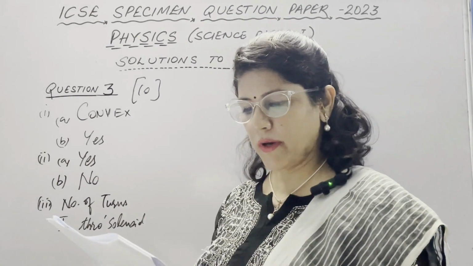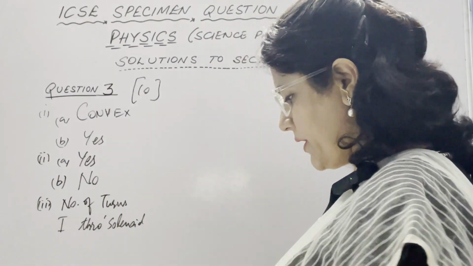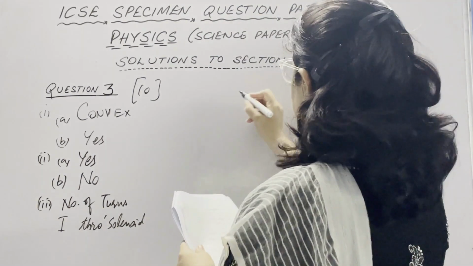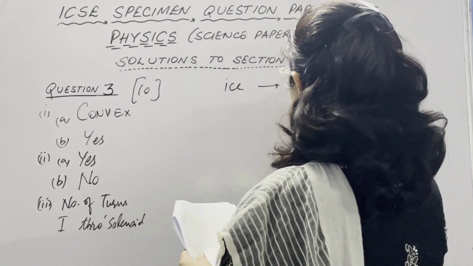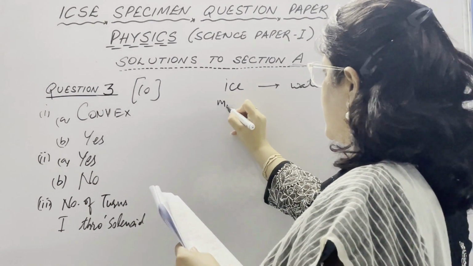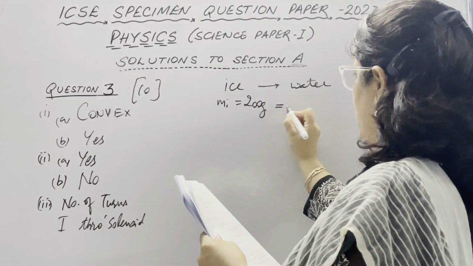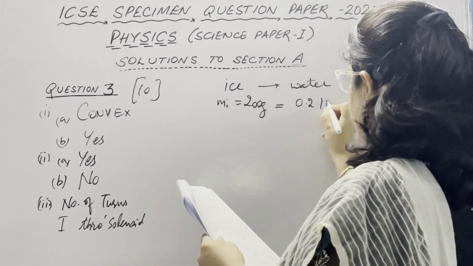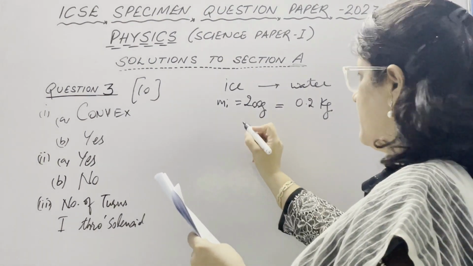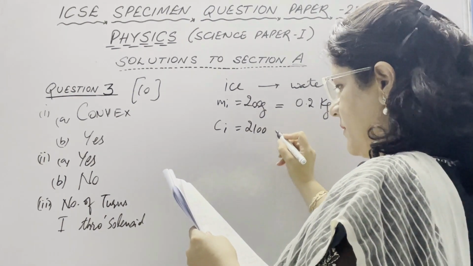In fourth part, calculate the heat absorbed by 200 gram ice at 0 degrees Celsius. So, here ice to water conversion is there. Now, mass of ice is given as 200 gram, and we need to convert it into kg. It means 0.2 kg, SI unit. Specific heat capacity of ice is given as 2100.